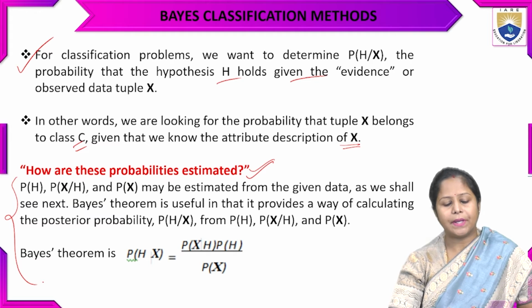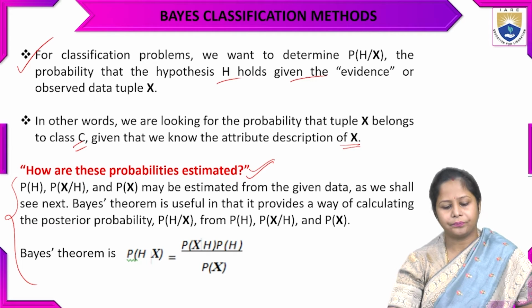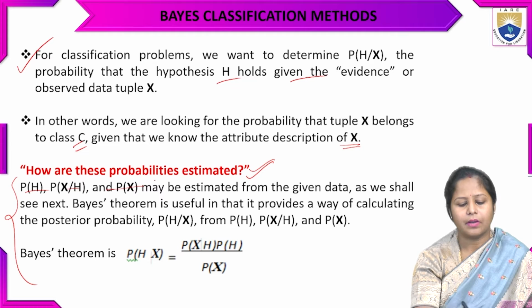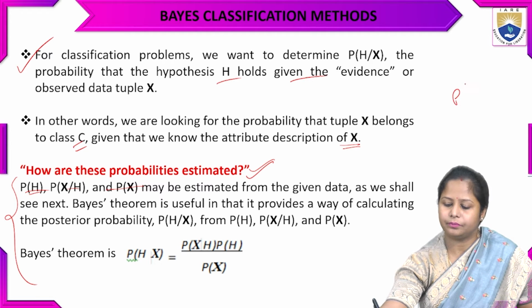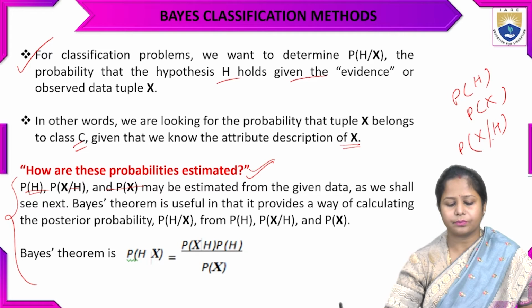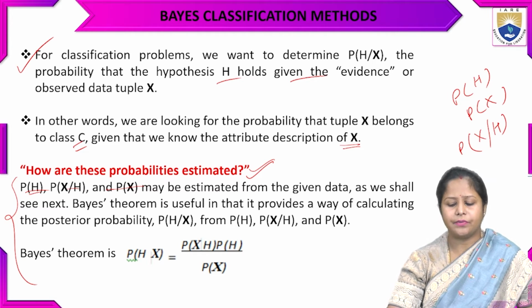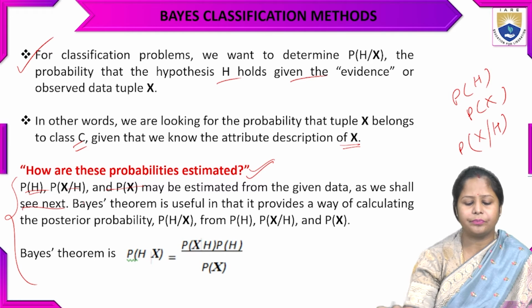We need P(H), P(X|H) and P(X). These may be estimated from the given data, as we shall see next.